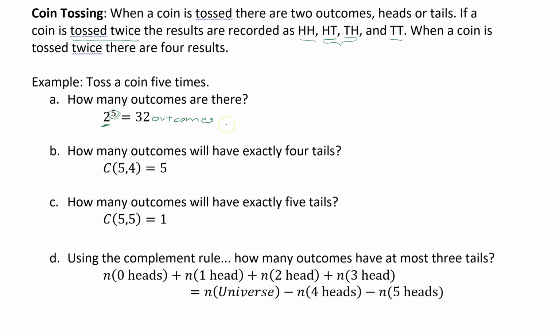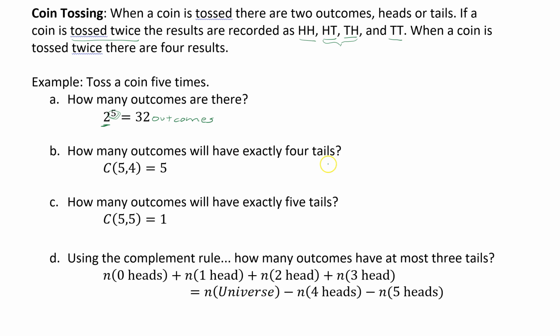I could, if I wanted to, list all the different ways those coin tosses could occur. But 32 outcomes is a long and tedious thing to do. So it's best to have arithmetic to figure out that there are 32 outcomes. Now, knowing that, let's take a look at question B. How many outcomes will have exactly 4 tails?